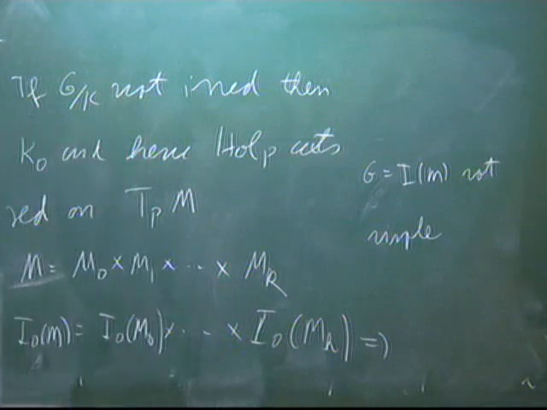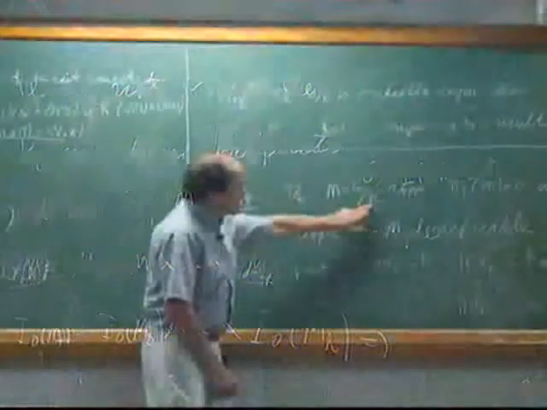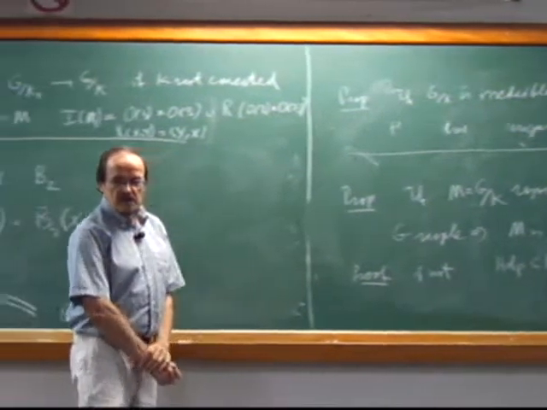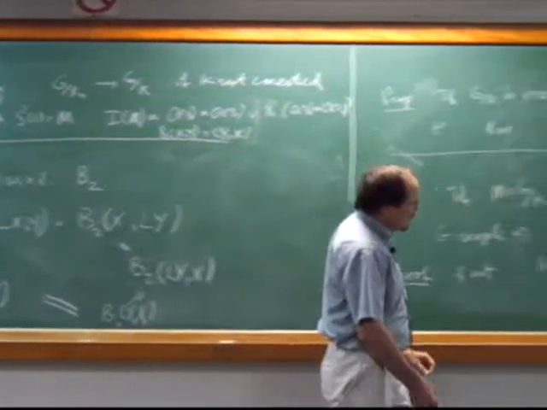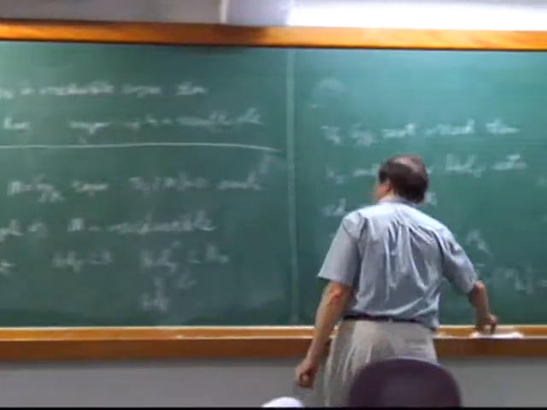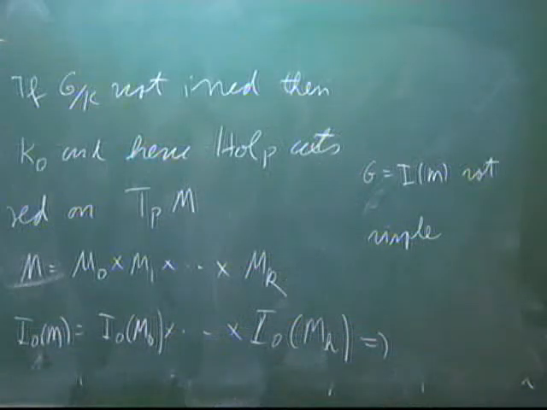So G simple implies irreducible. So for most symmetric spaces, you can see right away that the symmetric space is irreducible without having to compute how K acts on the tangent space and that the representation is irreducible. So that's another useful observation.